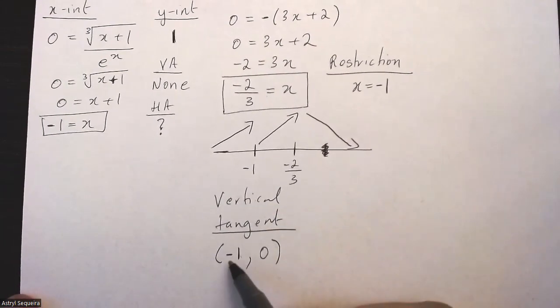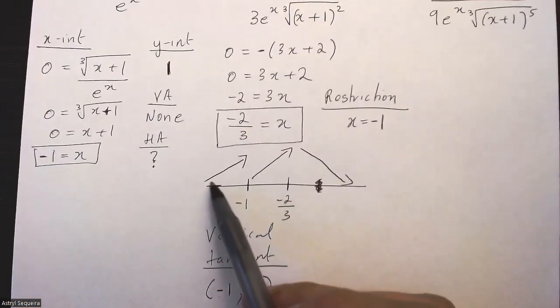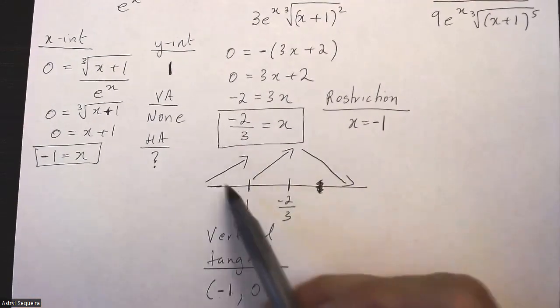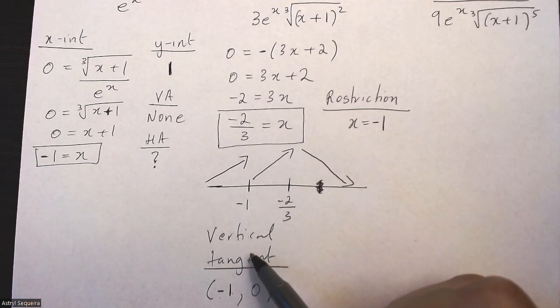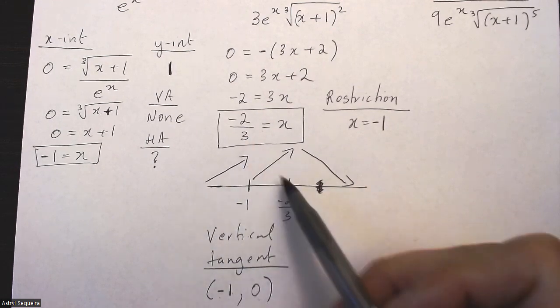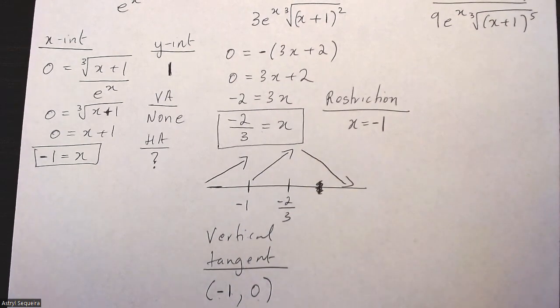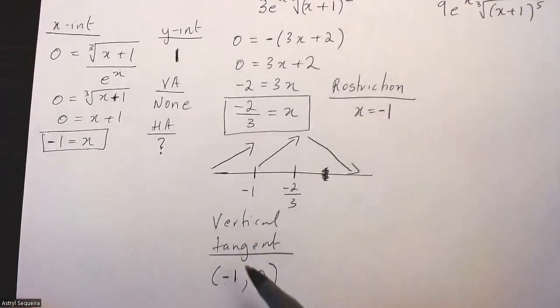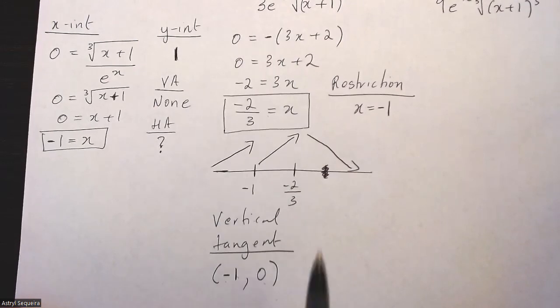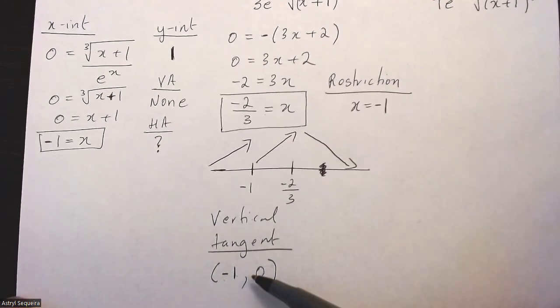So I have a vertical tangent at (-1, 0). Basically, if it's increasing, increasing, decreasing, decreasing, it's a vertical tangent. If it's increasing, decreasing, or decreasing, increasing, that's going to create something called an edge, which is slightly different. But a vertical tangent just means we have a tangent line that goes perfectly vertical at this point over here.